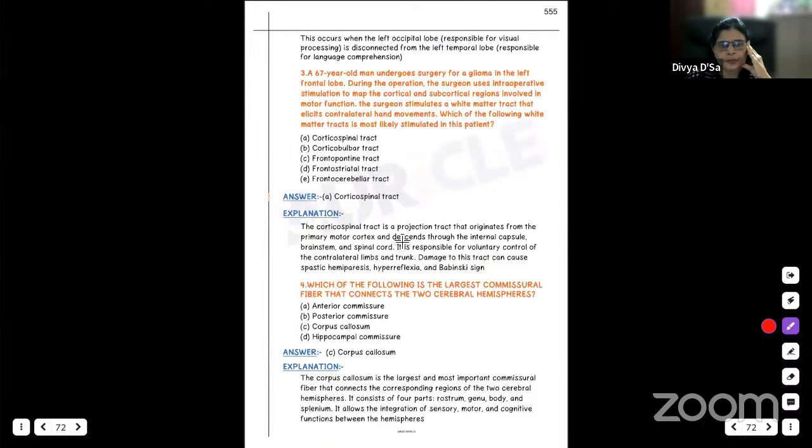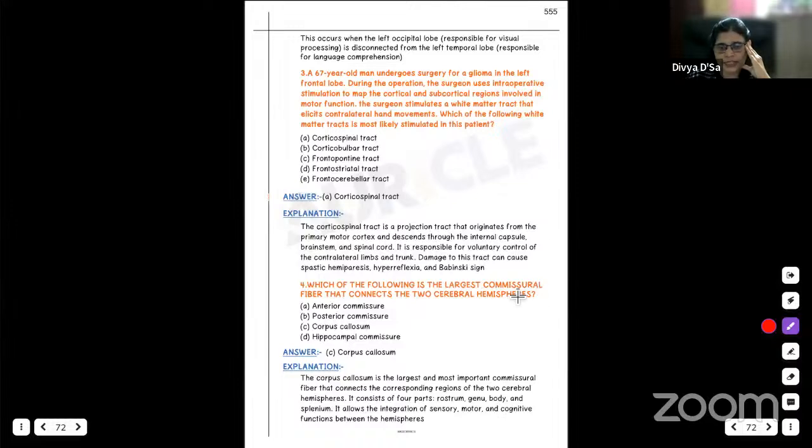The corticospinal tract is a projection tract that originates from the primary motor area and descends through the internal capsule, brainstem, and spinal cord. It is responsible for voluntary control of the contralateral limb and trunk. Damage causes spastic hemiparesis, hyperreflexia, and a positive Babinski's sign.